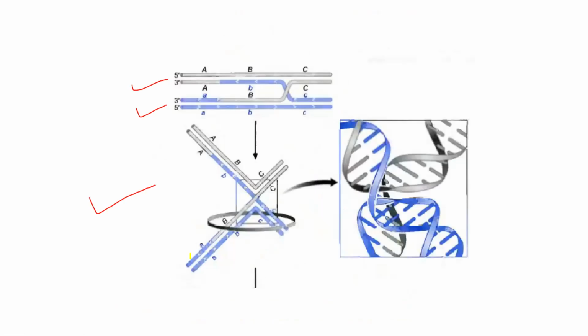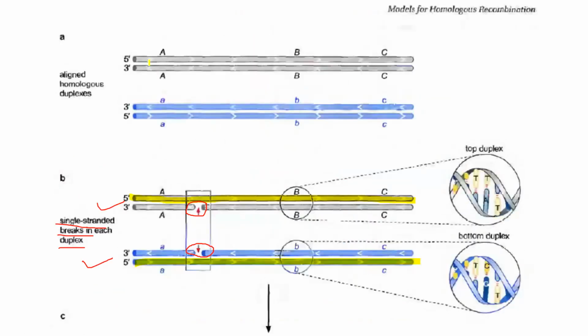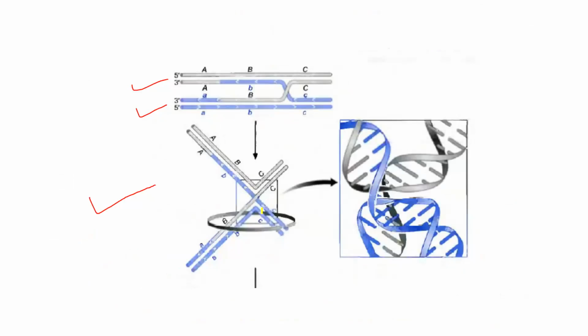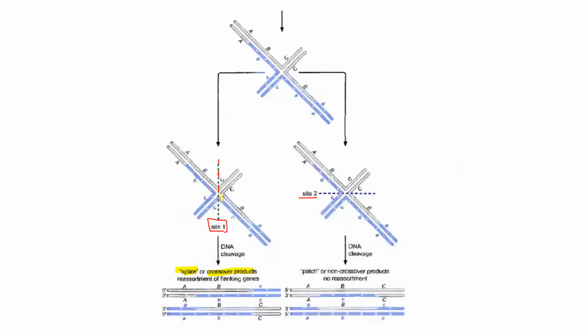So if you see here in the splice or the crossover products, of course, it started with two homologous chromosomes in step A. After they were aligned, nicks were made, strand invasion took place, Holliday junction was formed, branch migration took place, and now in the resolution, again, this structure would be resolved to give two DNA molecules.